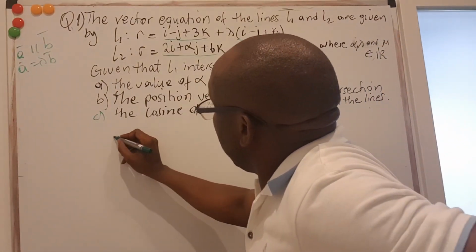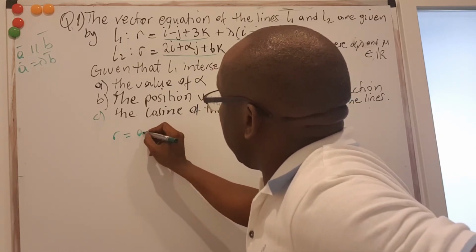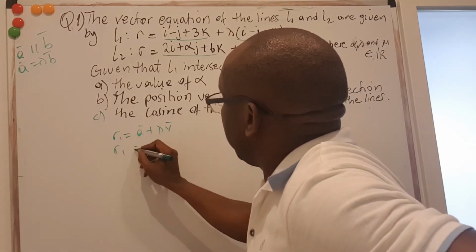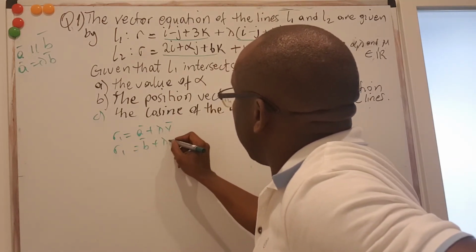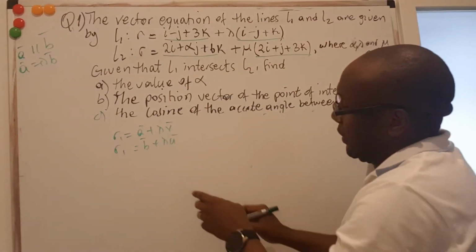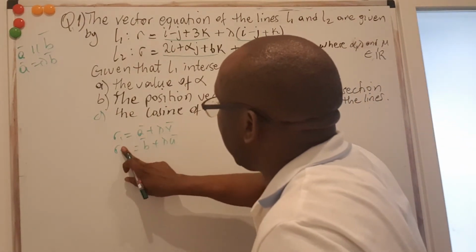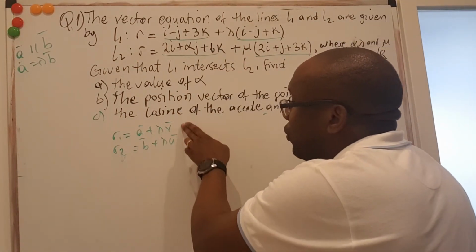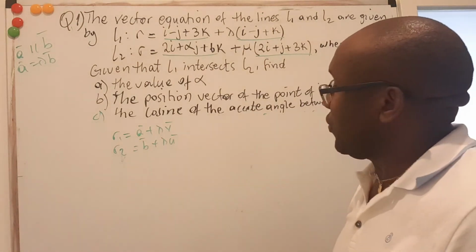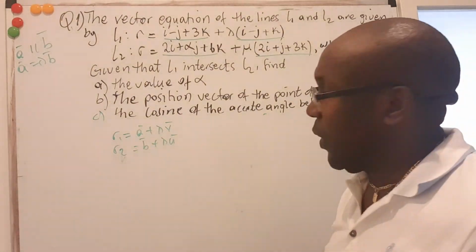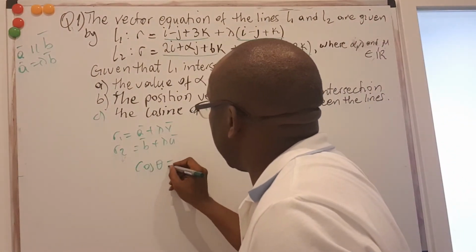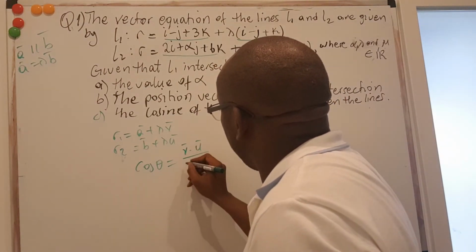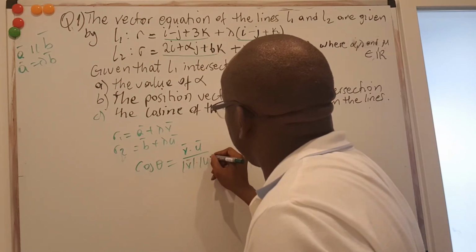So if I have two equations of lines, let me say a plus lambda v and the other b plus lambda u, and I'm told to look for the cosine of the angle between them, then the cosine of the angle is actually the cosine of the angle between the direction vectors. So only the v and the u come into play. In that case, the cosine of that angle, theta, will be equal to v dot u all over the magnitude of v times the magnitude of u.